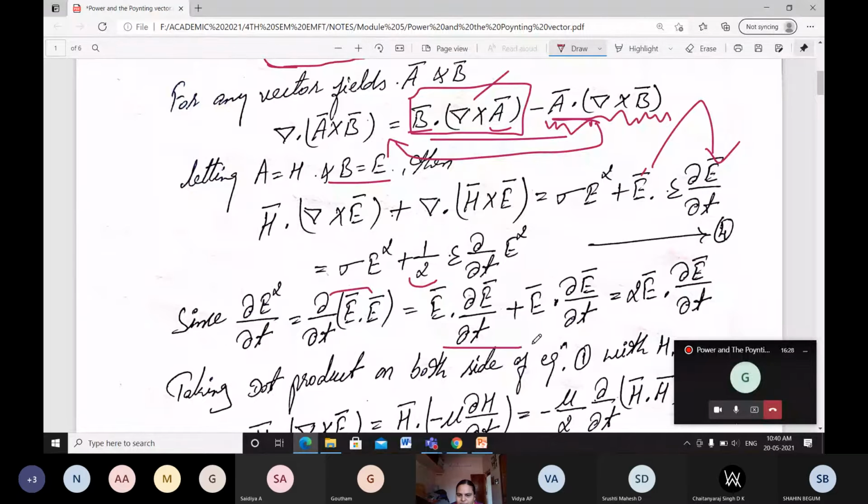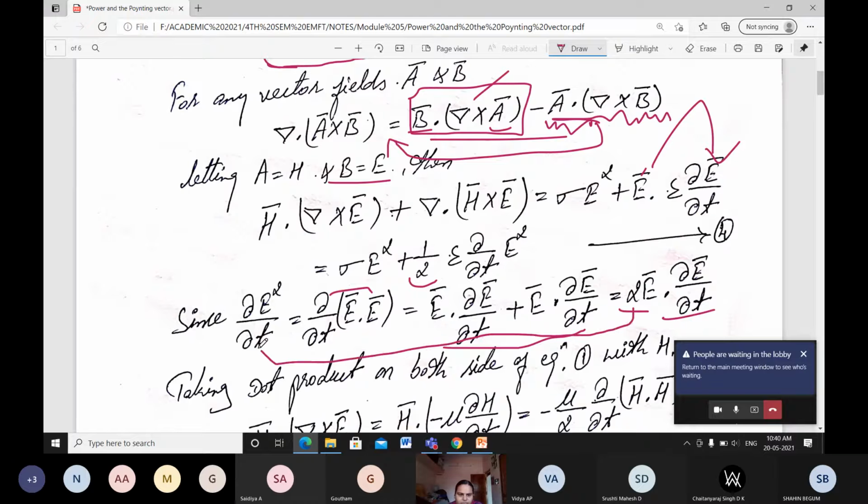Here also we did the same: E dot dou E by dou T plus E dot dou E by dou T. If I add these two, you will get 2 E dot dou E by dou T. Based on this we wrote the equation here. This E dot dou E by dou T we can write as 1 by 2 dou E square divided by dou T. The same thing is written here. Hope you are getting this.